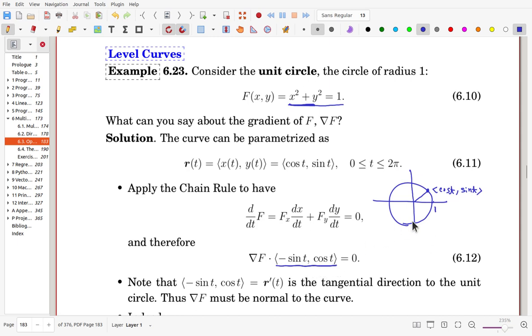That vector is the 90-degree counterclockwise rotation, so that is the tangent direction. But this equation is saying that the dot product of the gradient of f and that direction vector is 0, which means that the gradient of f is orthogonal to that direction. So the choice is this one.